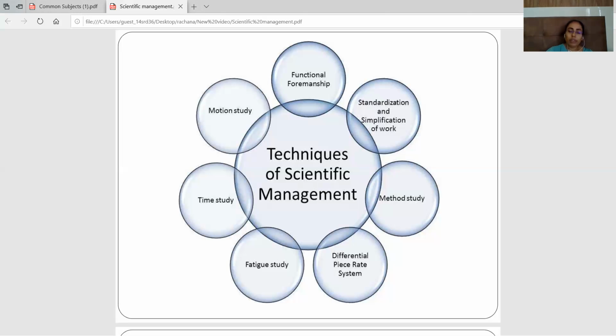So wastages can happen in such a rate system. So we need to apply a differential piece wage system so that it can create a balance between the productivity of the labor and the minimization of wastages. These are the techniques used in scientific management to manage the overall organization scientifically.